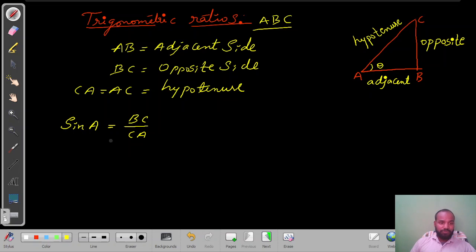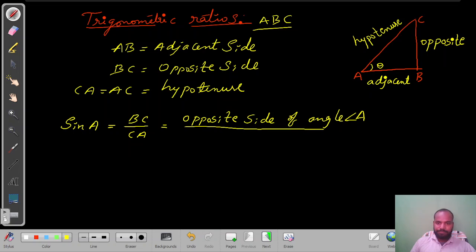So sine A equals the opposite side of angle A by hypotenuse.